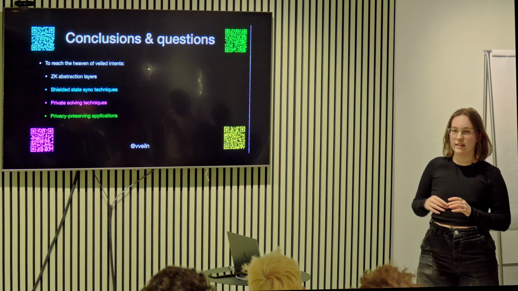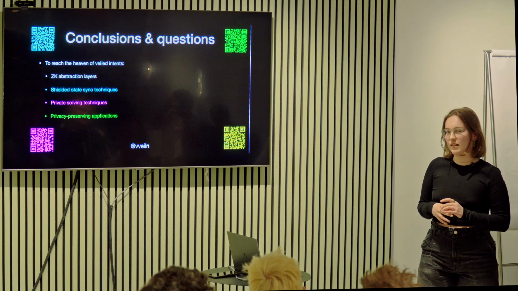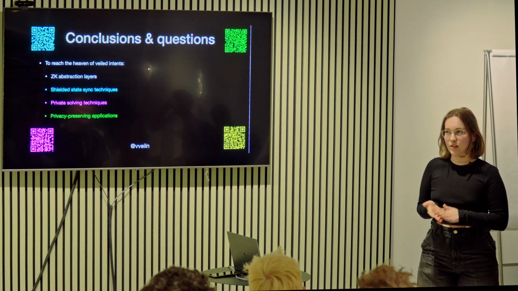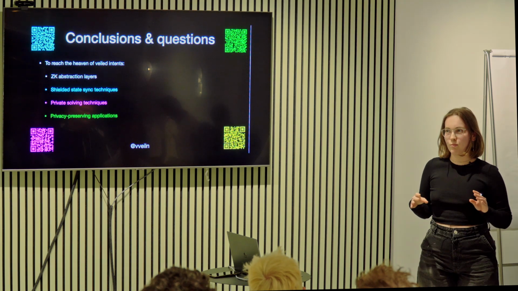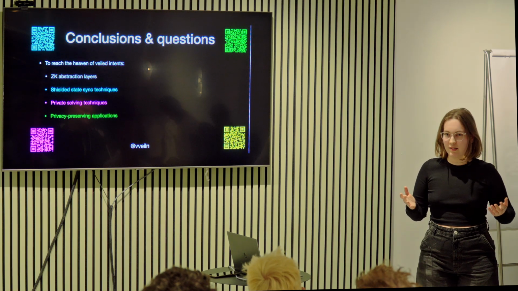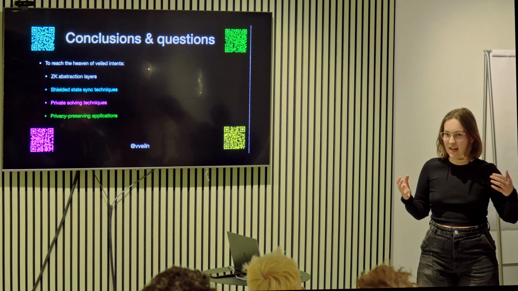Specifically, we did shielded state sync with TEEs, and it turns out that TEEs are not exactly ready to be used right now. Another approach would be to use MPCs. MPCs are also very difficult to use because if you want to make something more complex, it becomes extremely expensive. Imagine you have a bunch of users with a bunch of intents. What does it mean? Does it mean that you have a bunch of MPC agents?